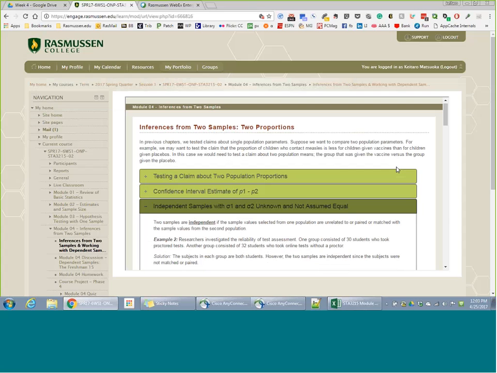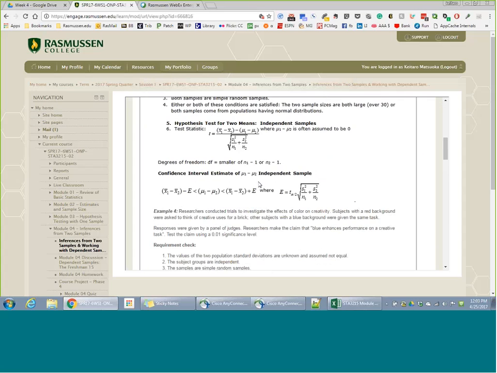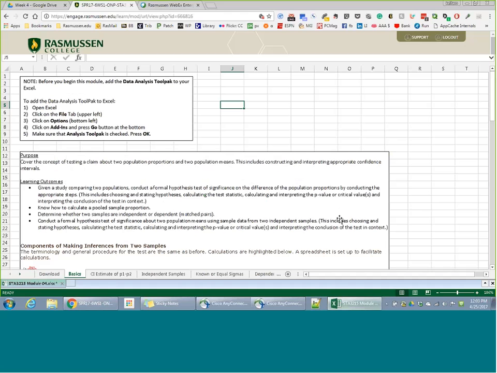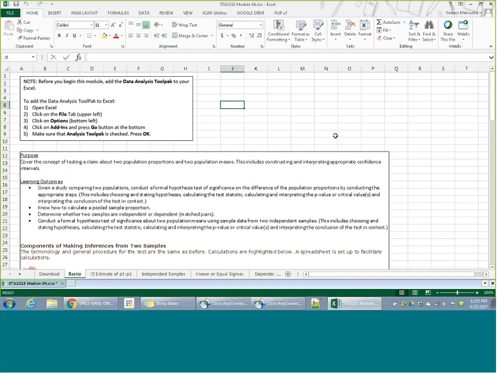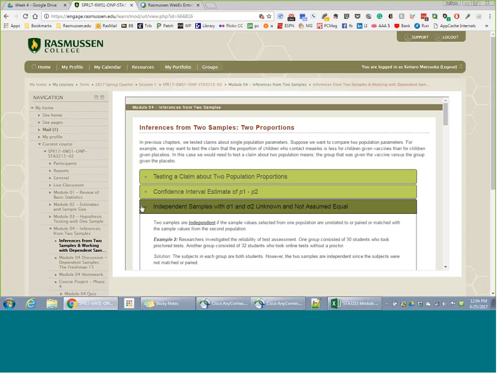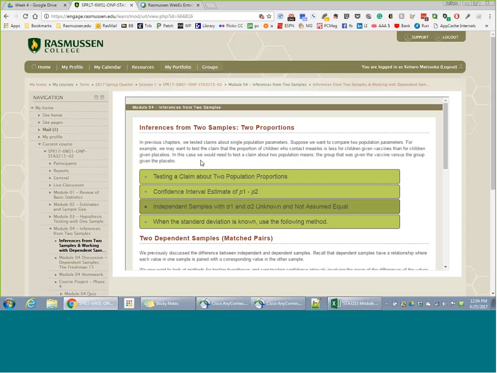If you see something that's a little bit weird, you can look at my spreadsheet, which will fill in the missing pieces. If you follow along the lecture notes with my spreadsheet, you'll see the missing pieces. So just FYI.